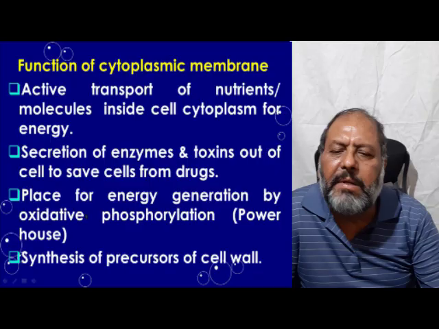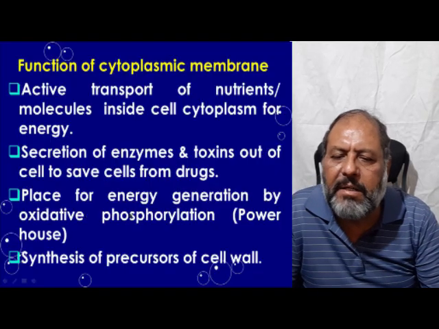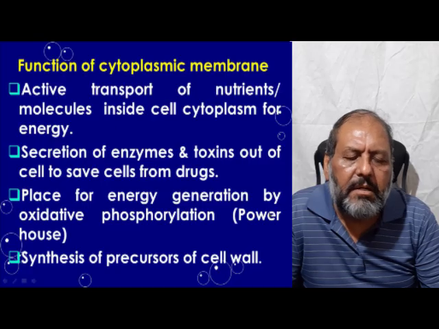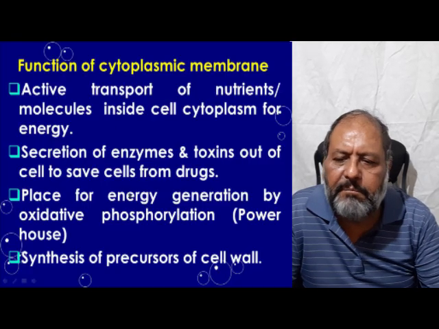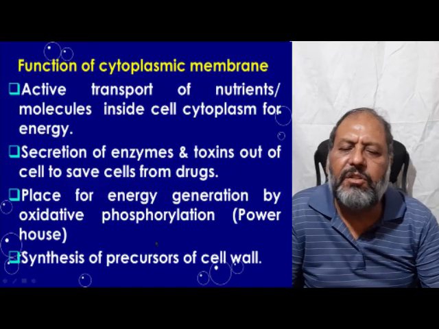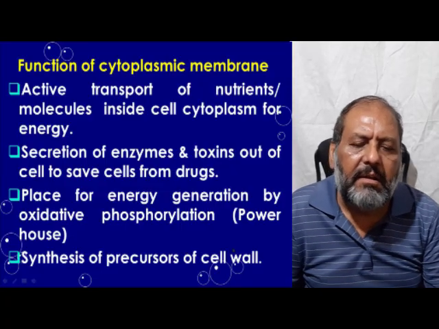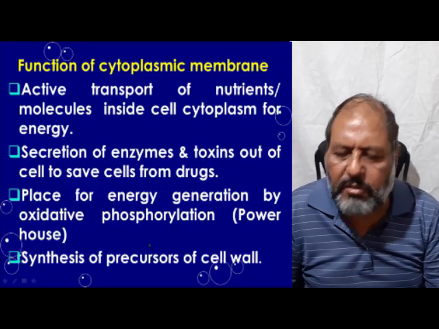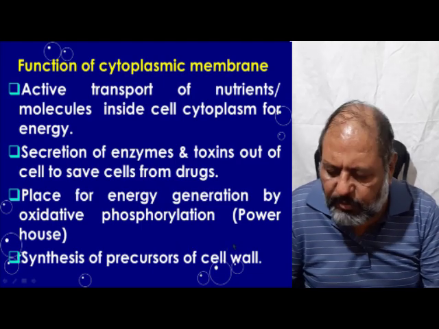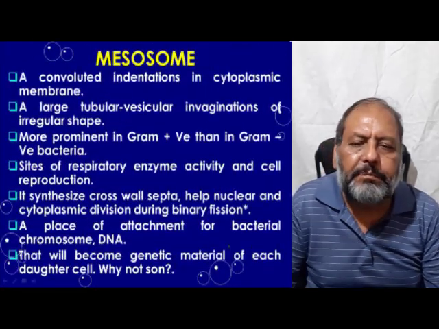This is the place for energy generation by oxidative phosphorylation. So we can say these are the powerhouses of the bacteria, and it also has a role in the synthesis of the precursors of the cell wall, which is lying outside. So the raw material from here is transported outside to make the cell wall.